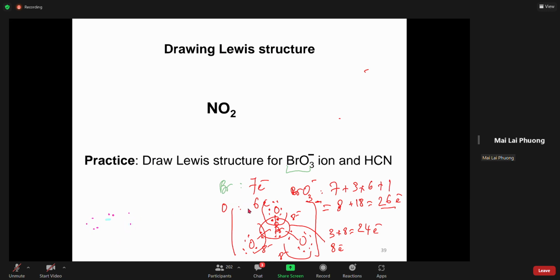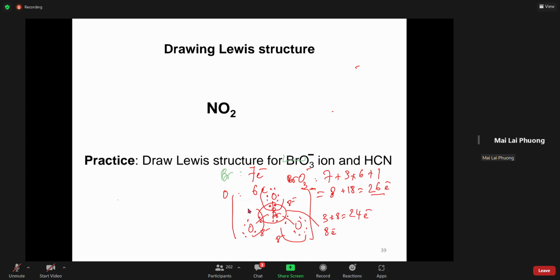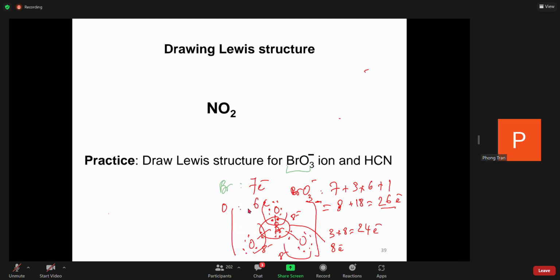So I think this will have a lot of charge. When I studied in high school, we usually avoided writing structures having a lot of formal charge like this. I really wonder why. Can you explain? Thank you, Tao.